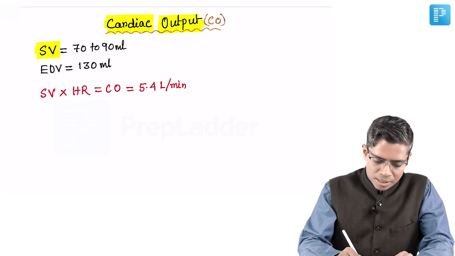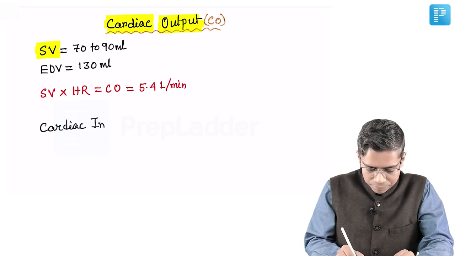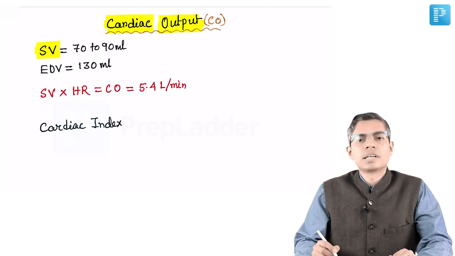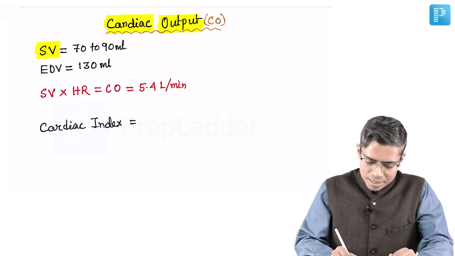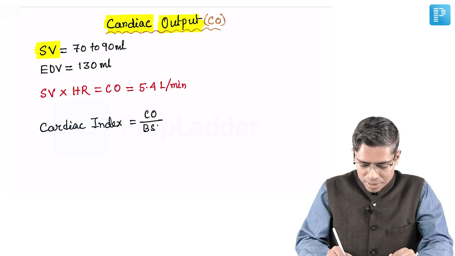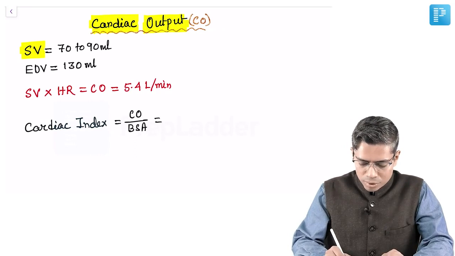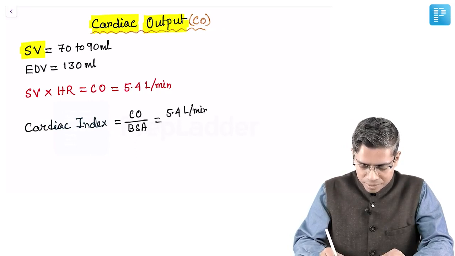Sometimes apart from this cardiac output, cardiac index is also calculated, and cardiac index is simple: cardiac output upon body surface area of the person. So cardiac output is 5.4 liter per minute, right?